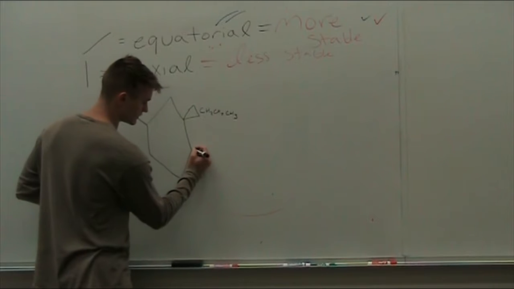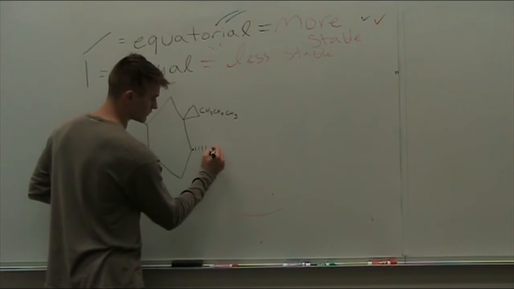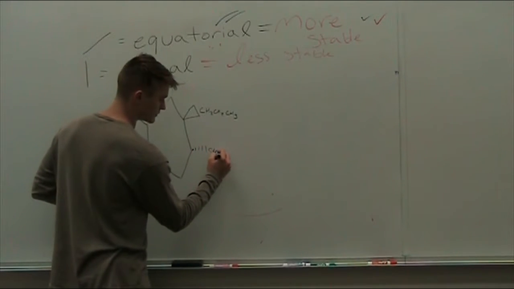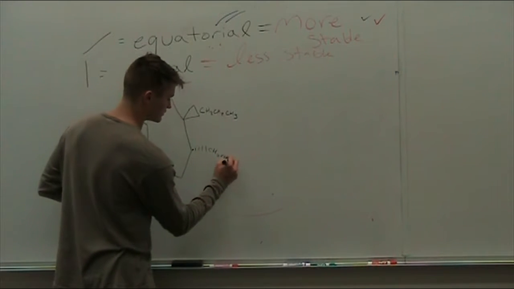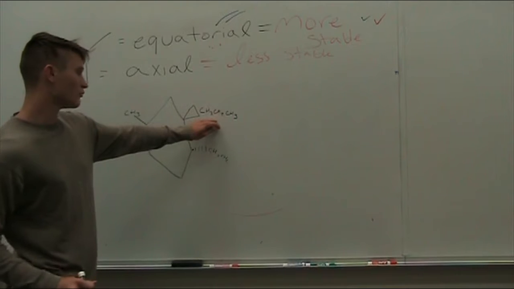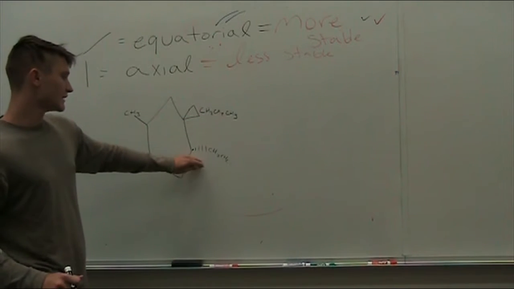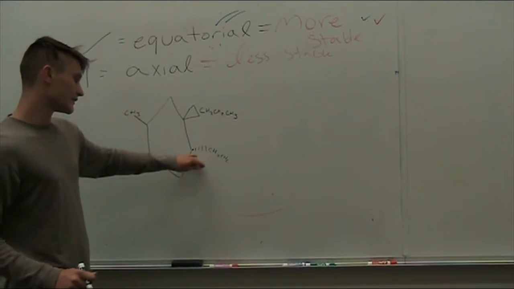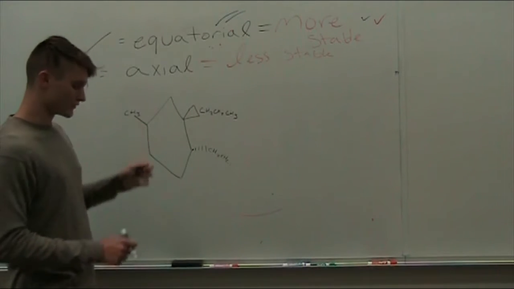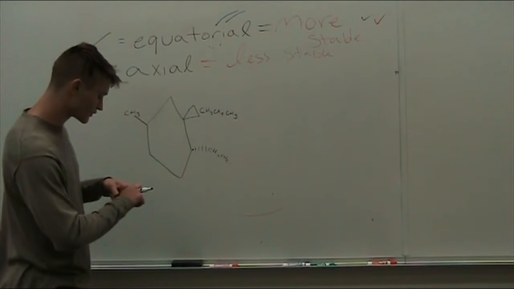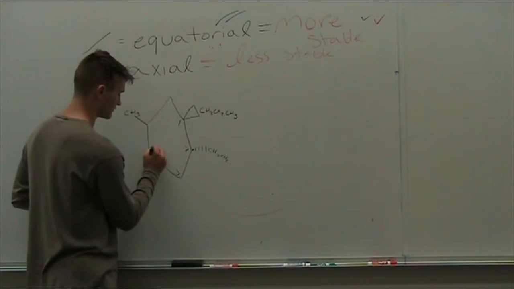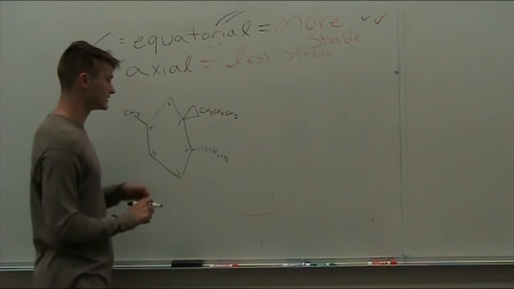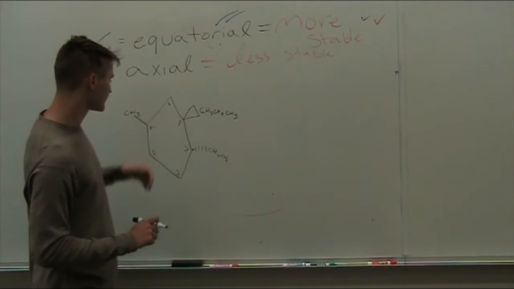And then we're going to put a dash. So we have a propyl group on a wedge, an ethyl group on a dash, and a regular methyl. We're going to go ahead and number this. I'll put 1, 2, 3, 4, 5, 6. So it's on the 1 carbon, 2 carbon, 3, 4, 5.